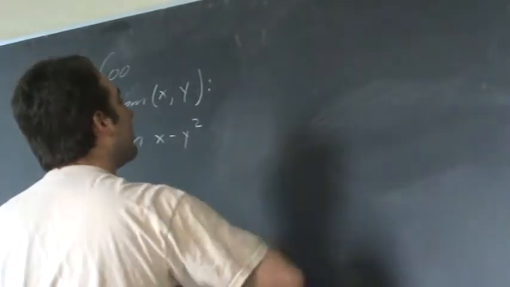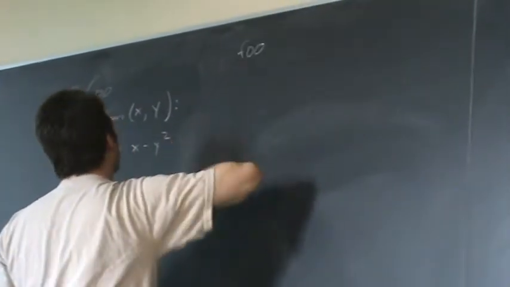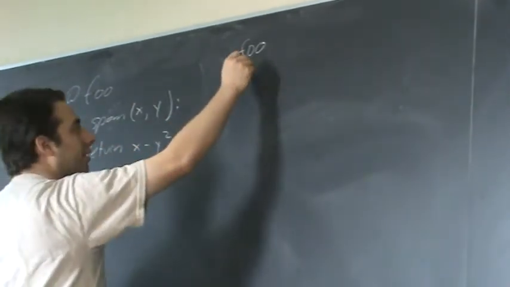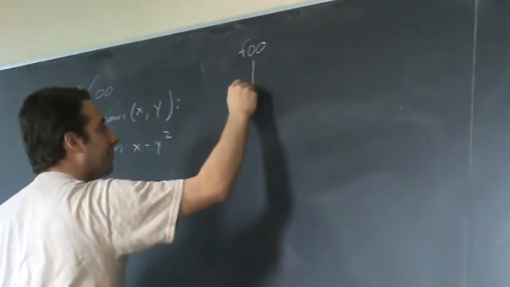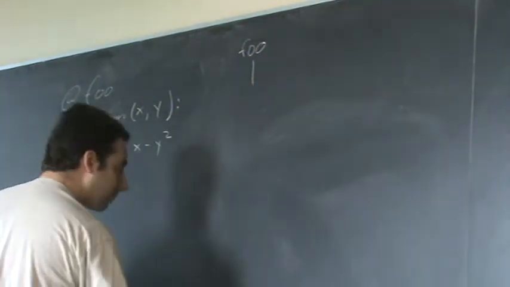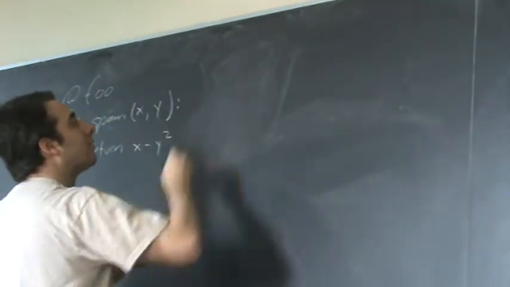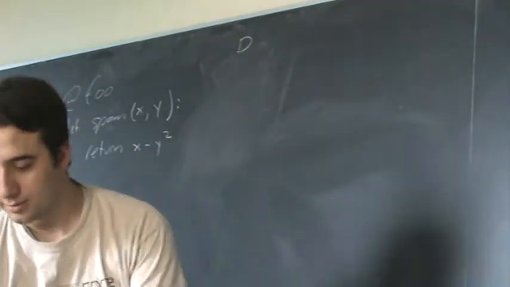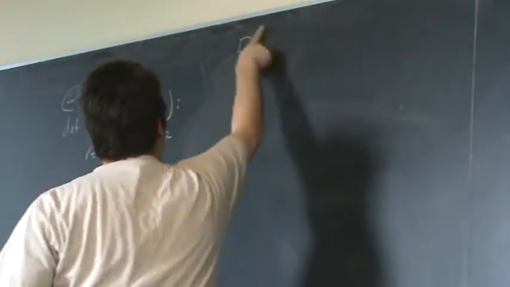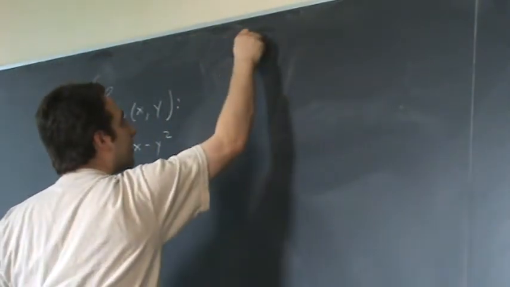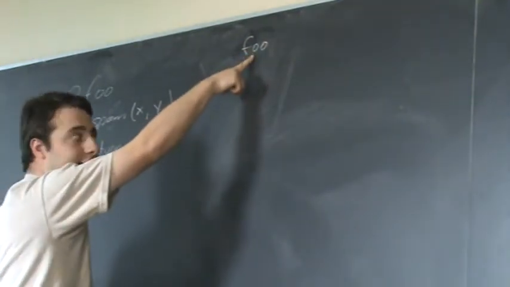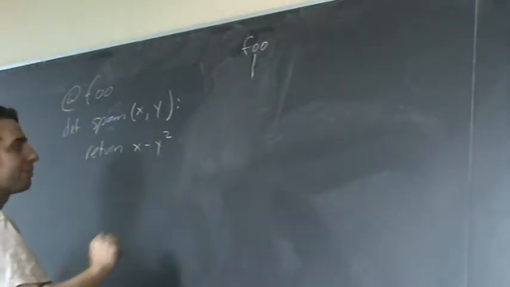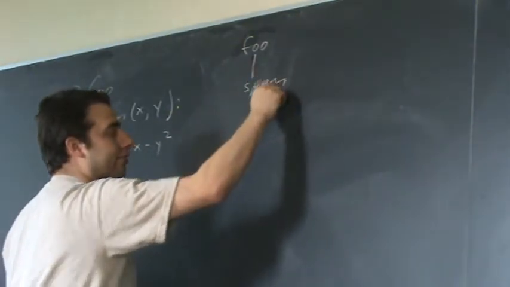So it's going to look like I have foo, this is the decorator node, and under it I have, let me write. I'm not going to be completely correct. The basic idea is I have this decorator node foo, and its only child happens to be the function span.